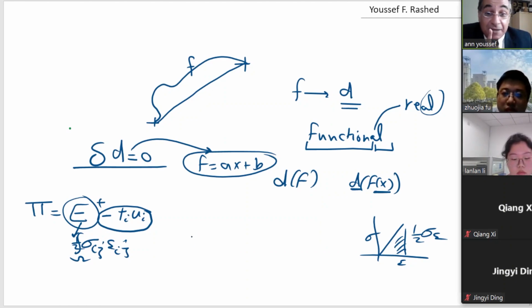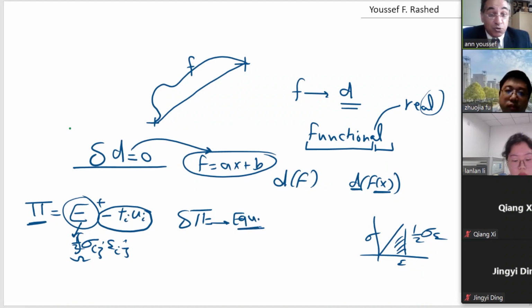When this new functional is at a minimum, like the straight line, it corresponds to equilibrium. This comes from the principle of least action.